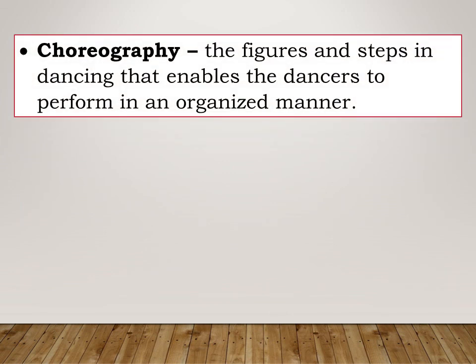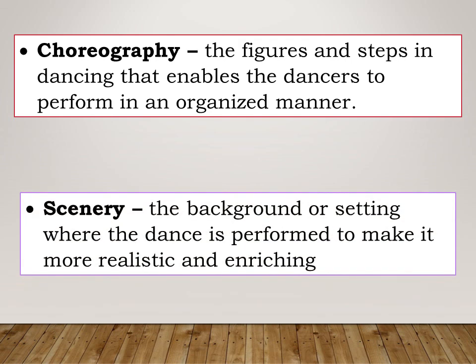Choreography is the figures, steps, and dancing that enable the dancers to perform in an organized manner. And last, we have the scenery, the background or setting where the dance is performed to make it more realistic and enriching.